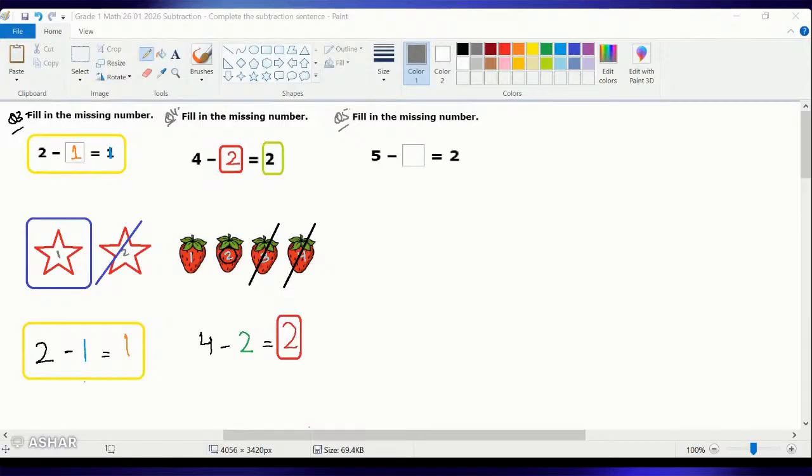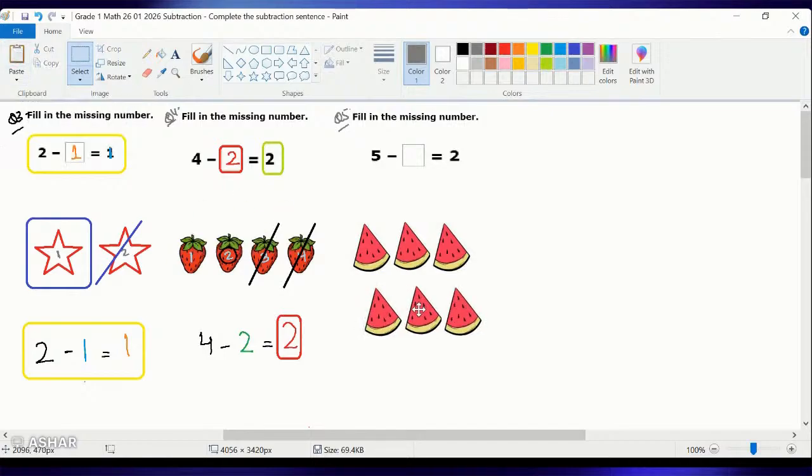That is easier for us. Let's suppose I'll just pick up this shape. Watermelons. So if we had 5 watermelons, these are 6. I'll just remove one more from this. These were 5 watermelons.